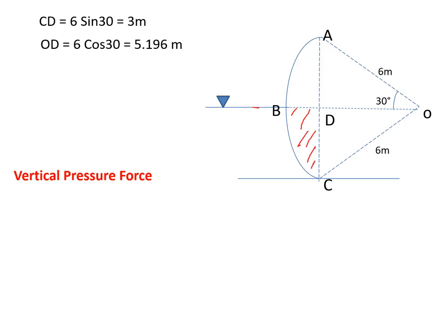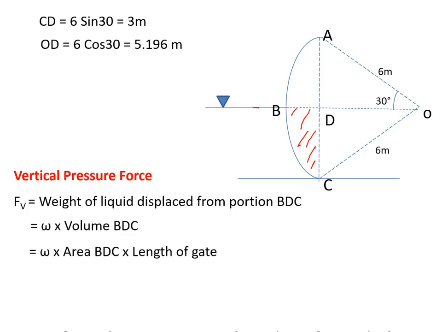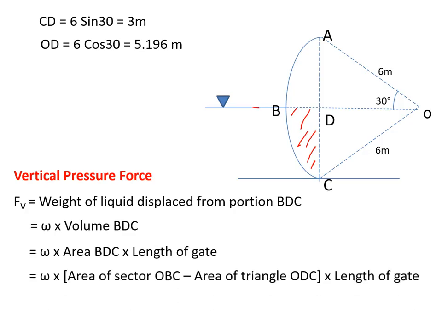So how do we find this area? It is the area of sector OBC minus the area of triangle ODC. So it is the weight of liquid displaced from portion BDC, which is the volume BDC, that is area BDC into length, into specific weight. So it is the area of sector OBC minus the area of triangle ODC, into length of the gate, into specific weight.